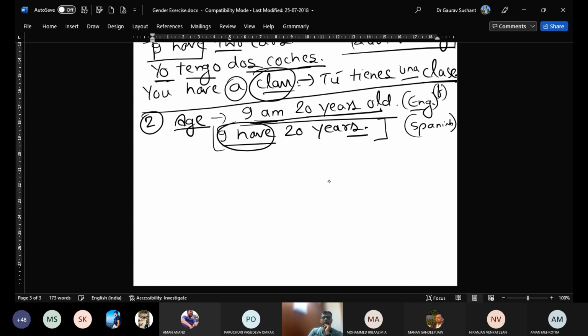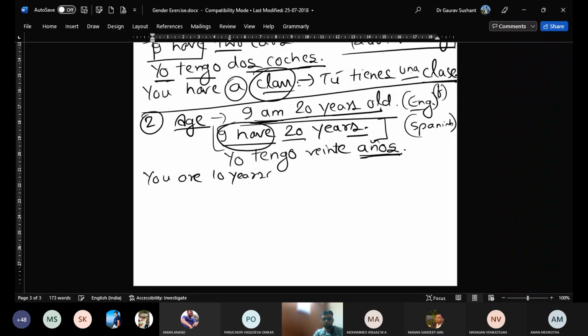I have is the tener verb, so it is yo tengo. Twenty is veinte. Year is año, and years will be años, plural. So años is what you put at the end. Similarly, you can think of another person's age, like if you are 10 years old.